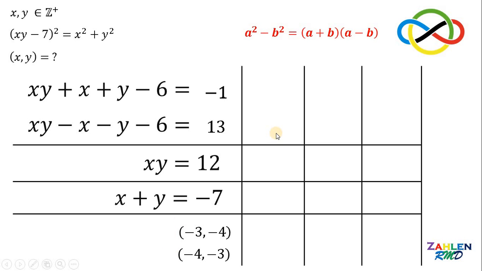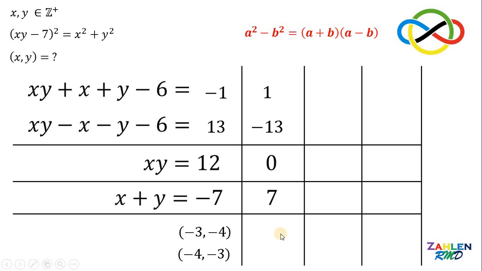And also, using these two equations, we can solve the values for x and y. Now let's have the second case. So what will happen if the first equation equals 1 and the second equation equals negative 13? Now if we add these two equations, we get the value of xy must be 0. And if we subtract these two equations, we get the value of x plus y must be equal to 7. Now we have xy equals 0 and x plus y equals 7.